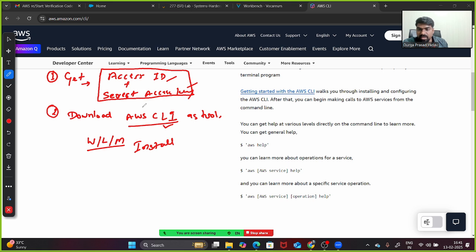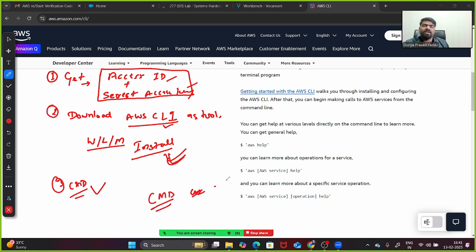Once you install it, it will open like your CMD command prompt, as we are opening. Once you install it directly, if you open command prompt and give some AWS command, it will start working, nothing big.